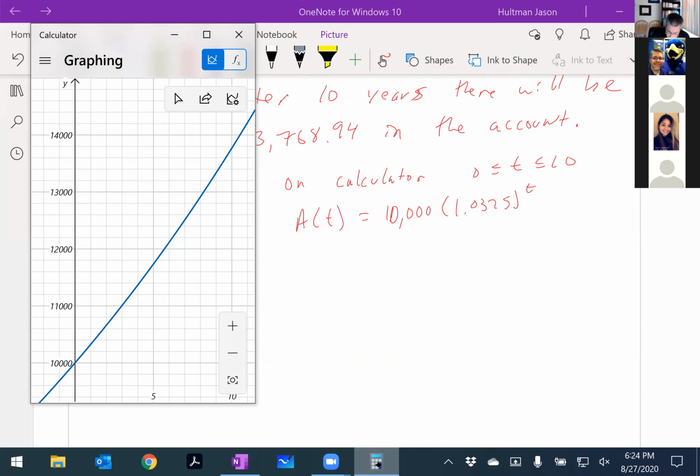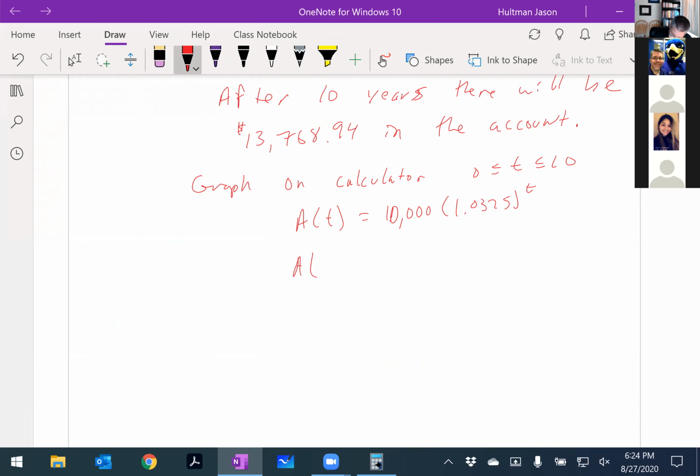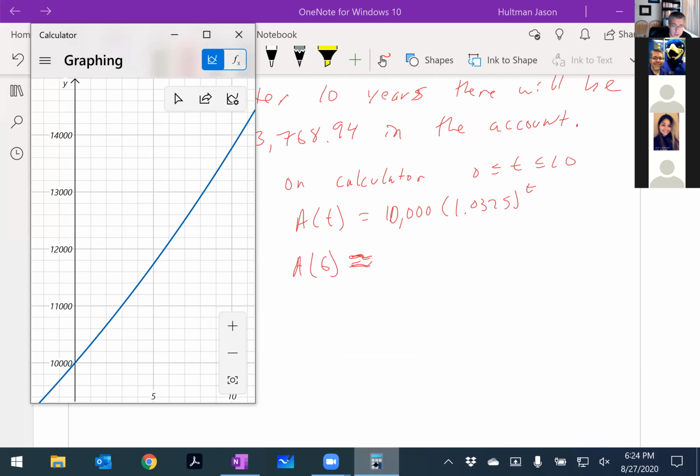Okay, so what can we do with this graph? Well, we could look at it and see what a of 6 would be approximately. How much money would be in my account after 6 years? Well, I could go back to the graph and trace this to 6.